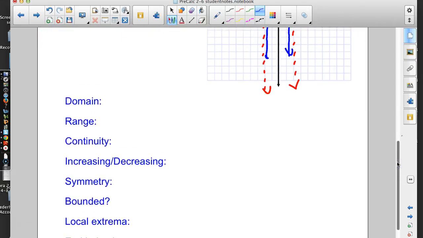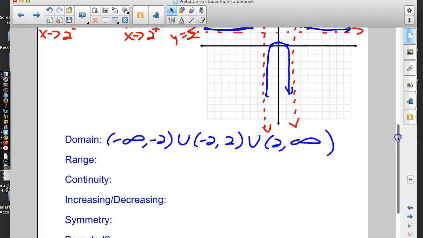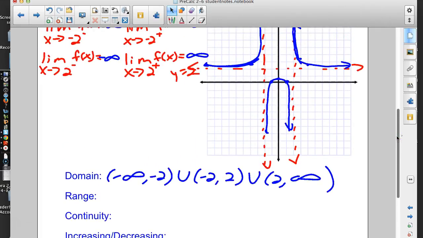Domain, what do we have to leave out? -2 and 2. Range. Look at your Y's. There's a group of Y's right there.